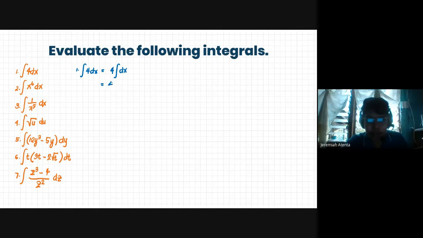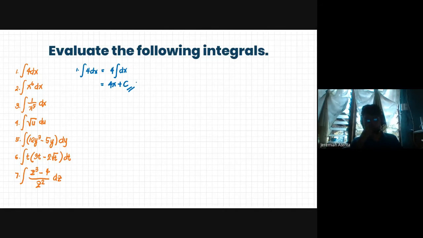So we will have here 4 times x. So we have 4x. Then you have plus c. Si plus c, ilagay nyo lang sa last part. So we have 4x plus c. And this will be our answer for number 1. Okay lang ba? Gets? Is there any questions for number 1?